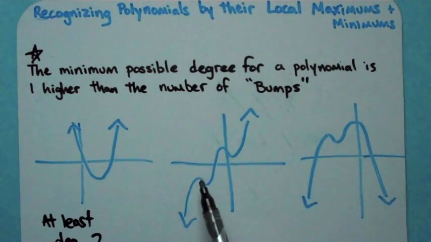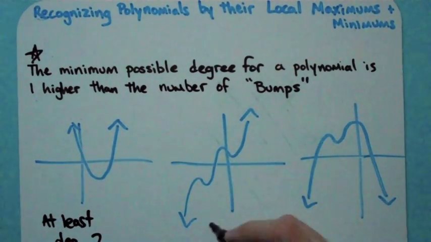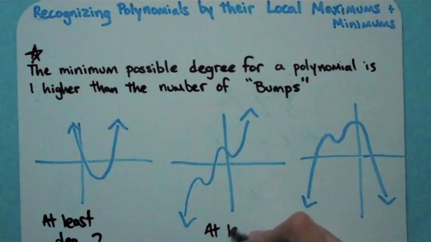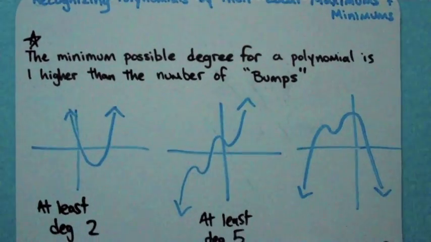If we look at our second graph, 1, 2, 3, 4, there are 4 bumps on the graph. So this graph has to be at least degree 5. If we saw an equation that was x to the 4th or x to the 3rd power, those would be out. We don't know exactly what it will be, but it's 5 or higher for our degree.